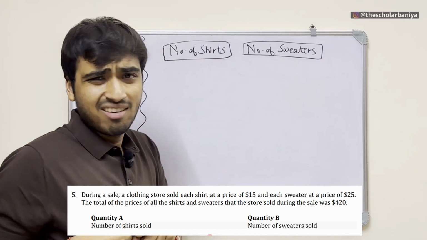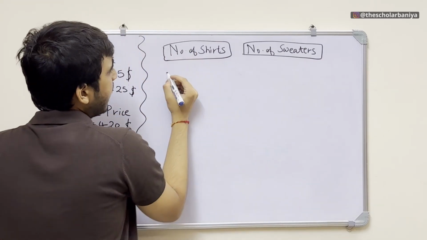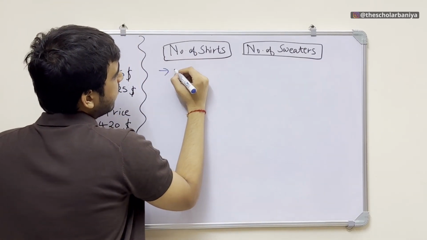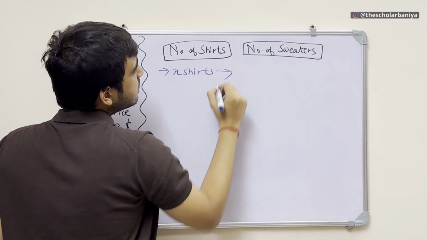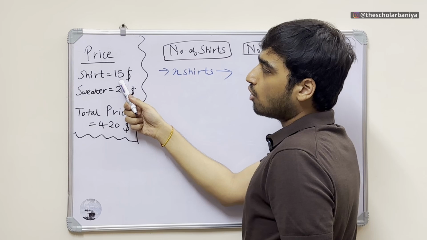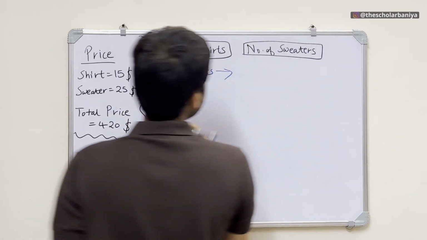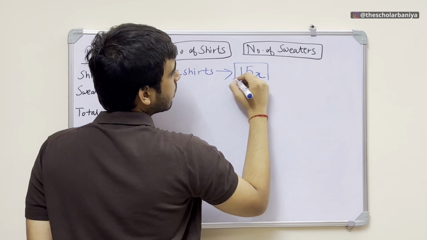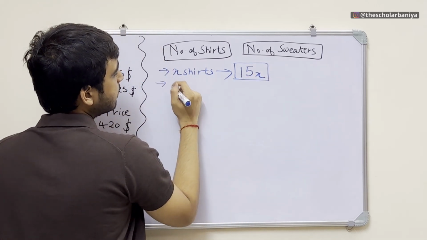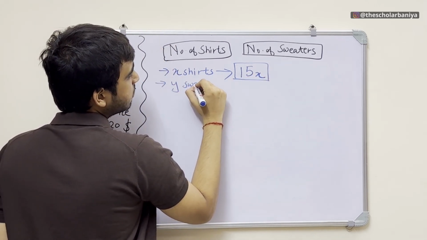So again, very simple. Let's assume there are X shirts. For one shirt, the cost is $15, so for X shirts, the cost will be 15X. Similarly, let's suppose there are Y sweaters.